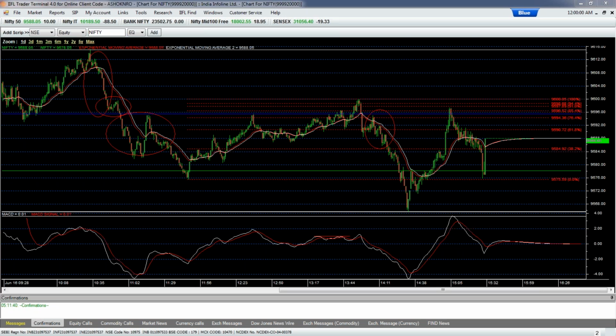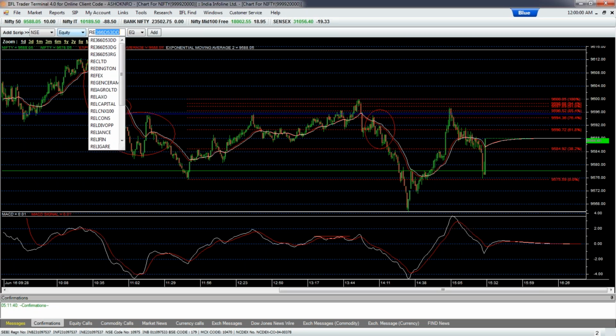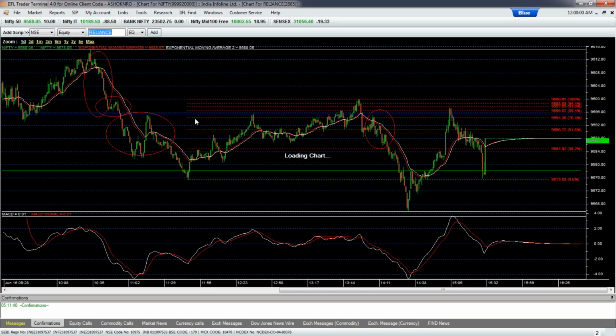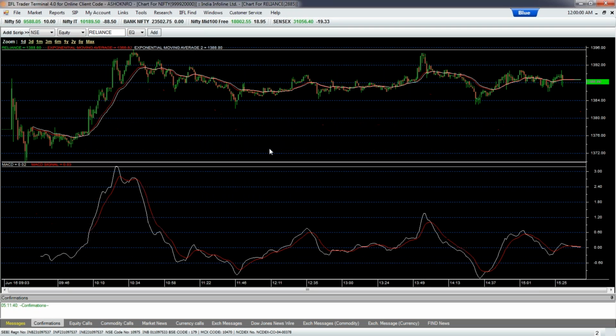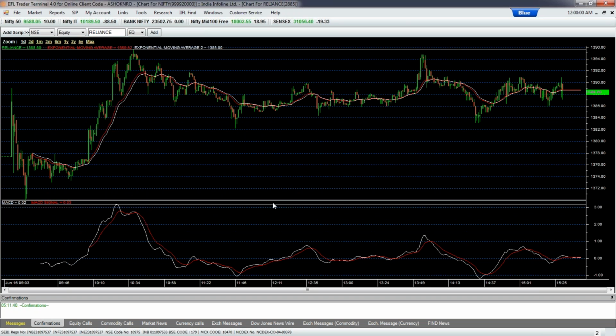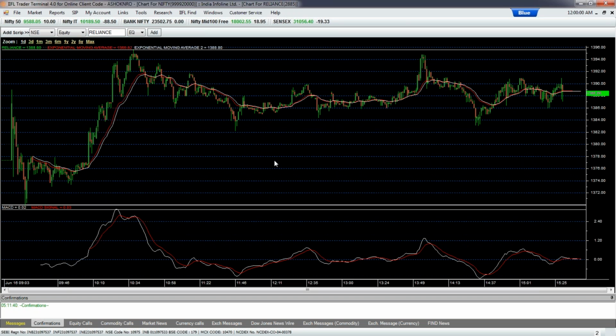Okay, so I want you to open it and let's now consider Reliance as the underlying asset.